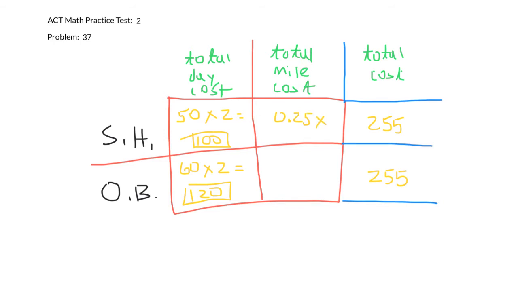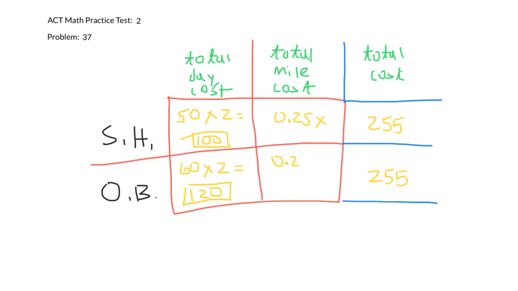Let's look at the total mile cost for the Ocean Blue Company. According to the problem, it's 20 cents per mile, so that's going to be 0.2. I'm not going to say 0.20, I'm just going to call it 0.2, times however many miles you're able to travel with the Ocean Blue Company.